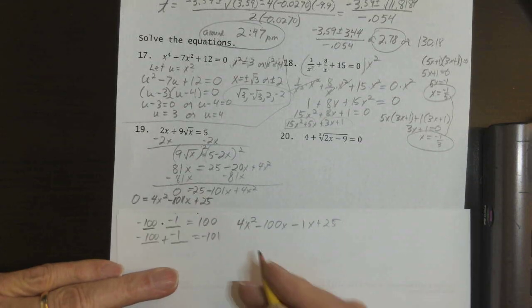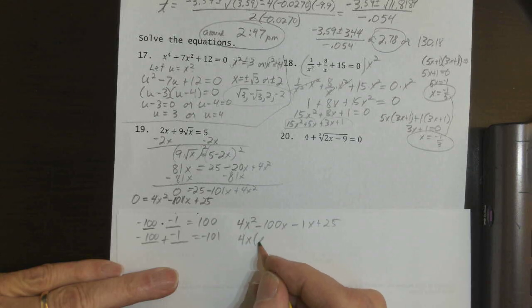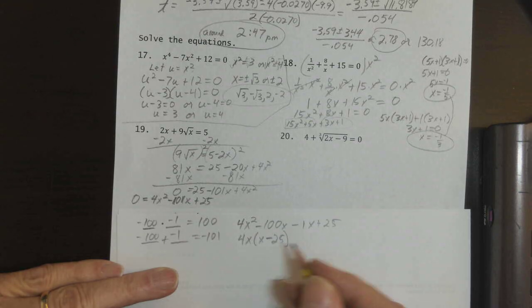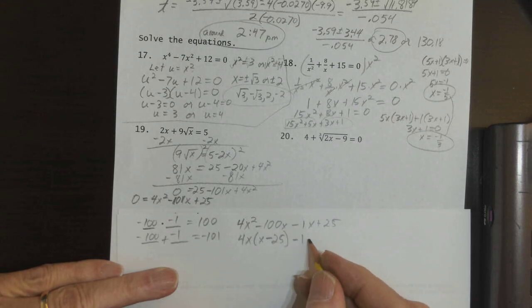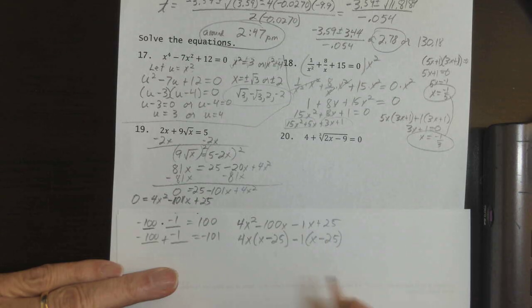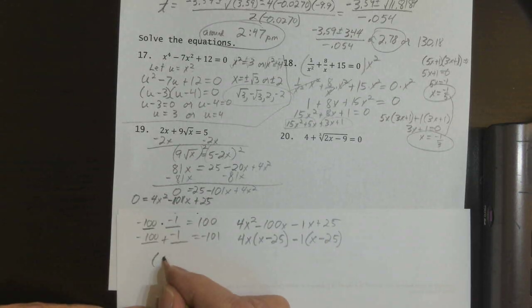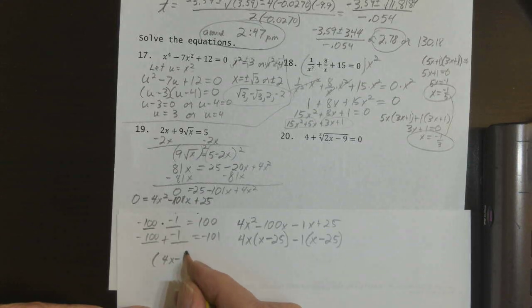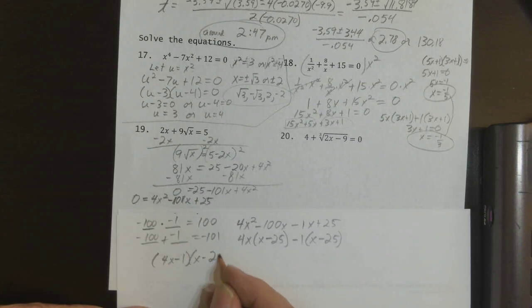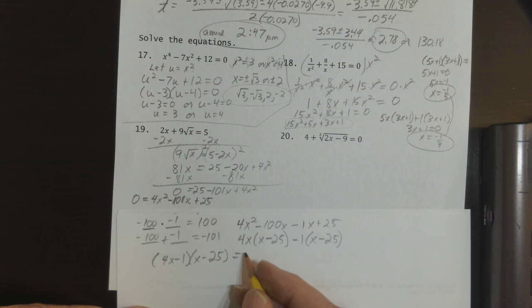I'm going to factor 4x from here and here, and I have x minus 25. And I'm going to factor out negative 1 from here, and I get x minus 25 there. So I have 4x minus 1 times x minus 25 equals 0.